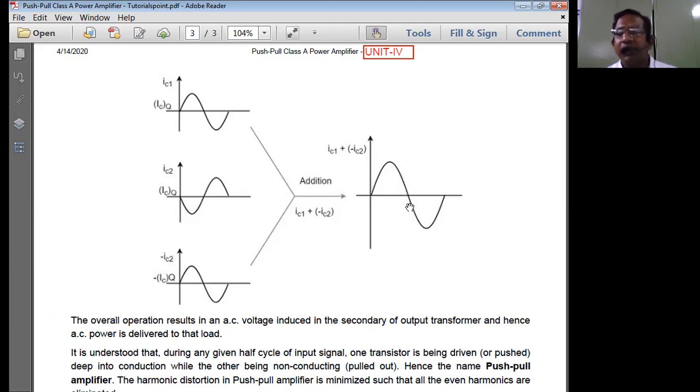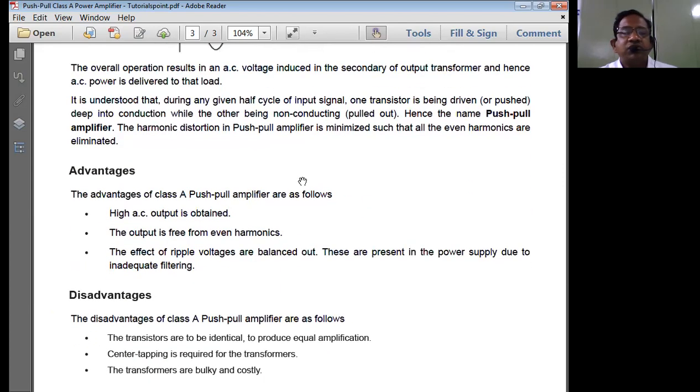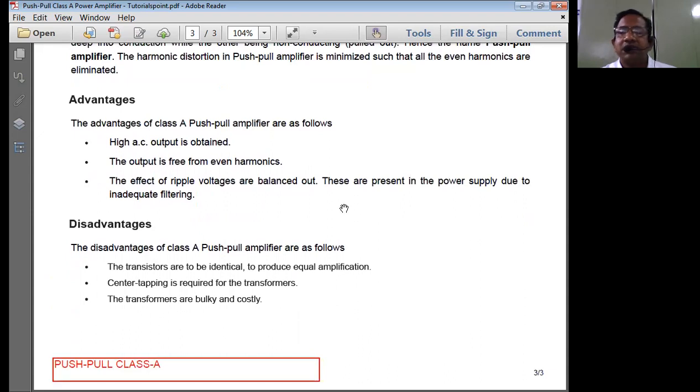It is not preferable in the practical industry, but still, if we want that, we can achieve it. That is how we are achieving it here. IC1 is positive, simultaneously IC2 would be negative, if you observe this carefully. If IC1 is going to be negative, IC2 is going to be positive. So like that, we have the differences here. This way, we get the class A push-pull type of power amplifier.